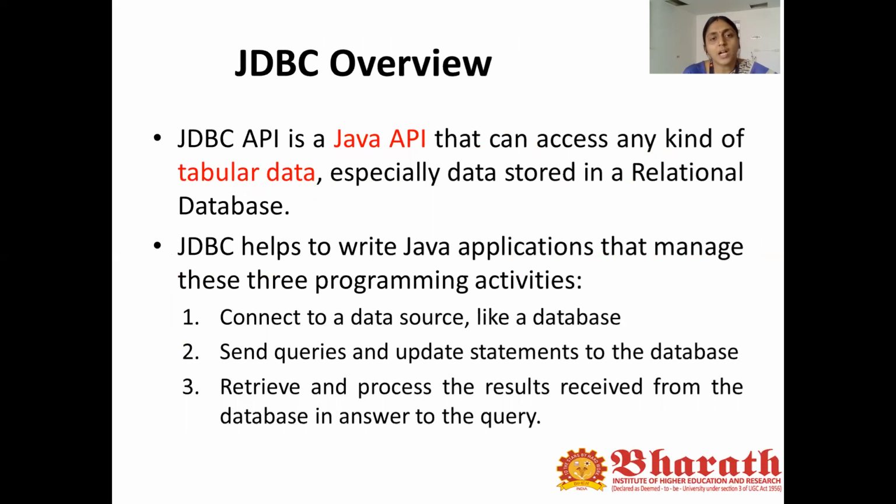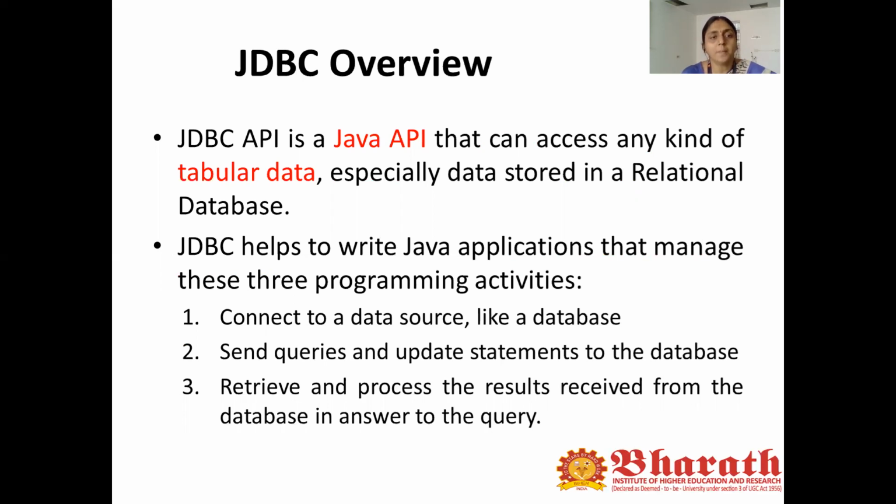And now we will start with JDBC. So what is JDBC? Java Database Connectivity. The JDBC API, that is Application Programming Interface, is a Java API that can access any kind of tabular data. We normally store data for our reference, and we can store the data in any form. So it can be relational or tabular form.